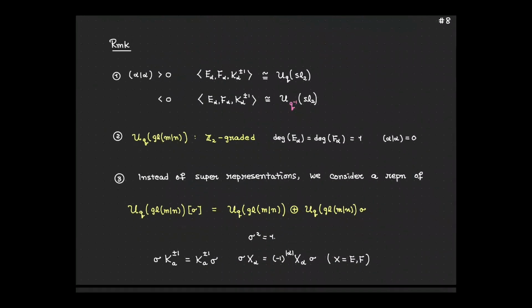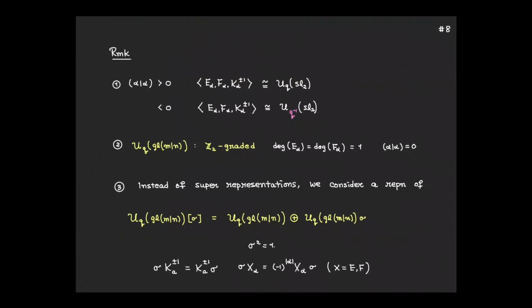I want to give a couple of comments. The first is that the usual quantum group, the U_q(sl2) triple, plays an important role even in the case of the quantum superalgebra.